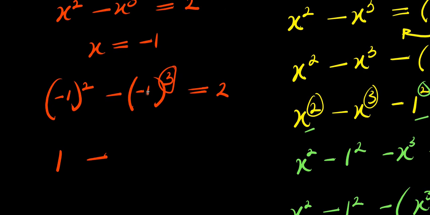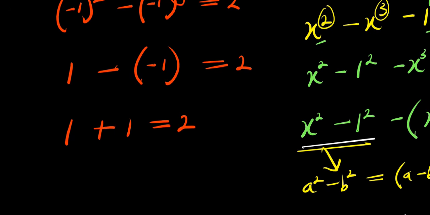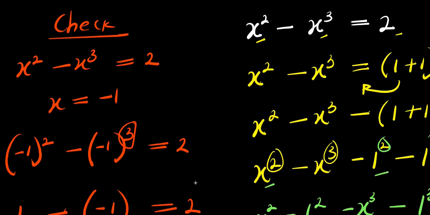This is an odd number, so when you have negative raised to the power of an odd, you are going to have negative. So from here, you have 1 minus times minus, that is plus. You have 1 plus 1 equals 2, that is 2 equals 2. So the left-hand side equals the right-hand side.